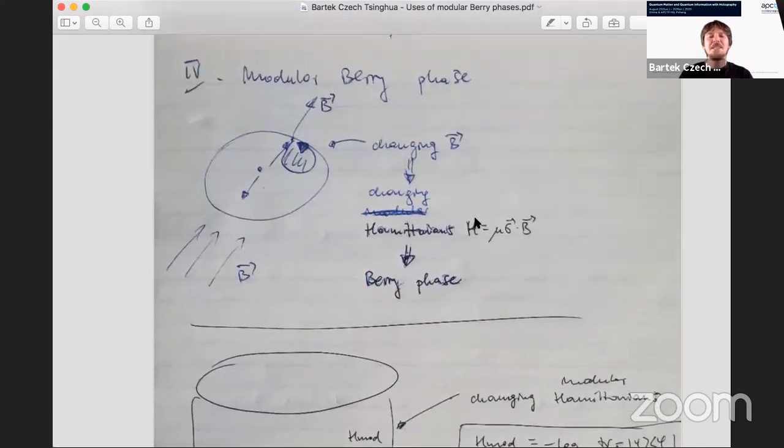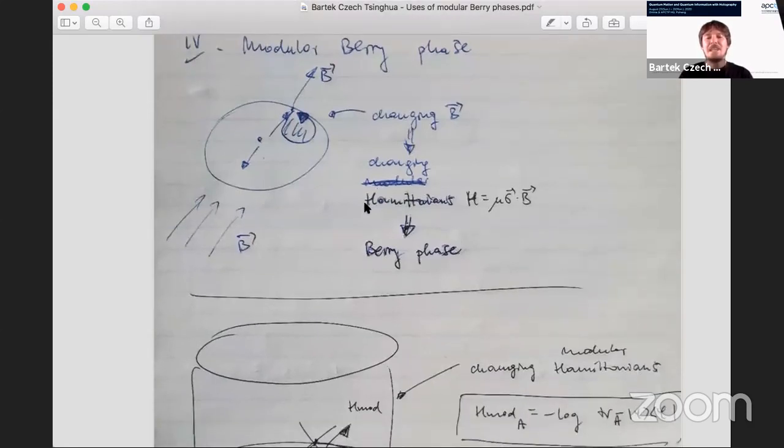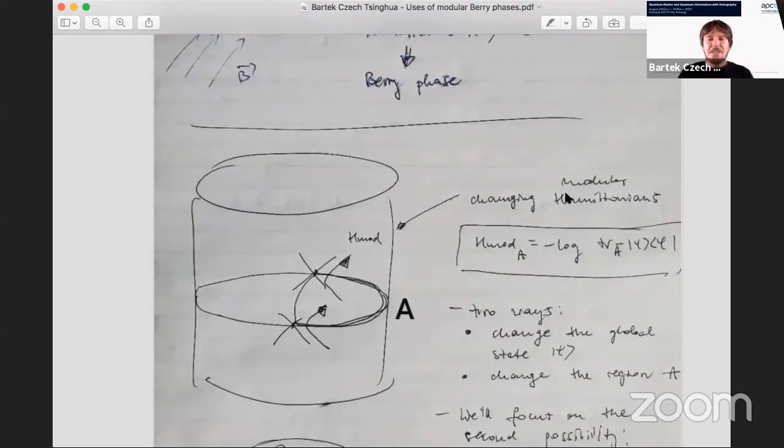Why is this setup related at all to the stuff that I talked about a moment ago? The answer is, these Hamiltonians that Berry liked, there is nothing stopping us from taking modular Hamiltonians from the previous discussion and repeating it. Modular Hamiltonians are just like any other Hamiltonians in the world, and we can also vary them. And when we vary them, we should expect that there should be some Berry phases associated with them.